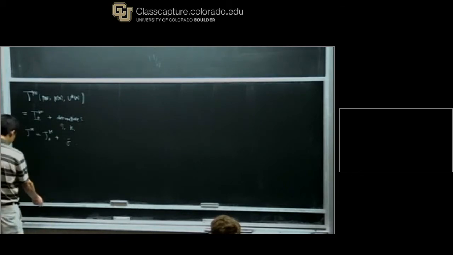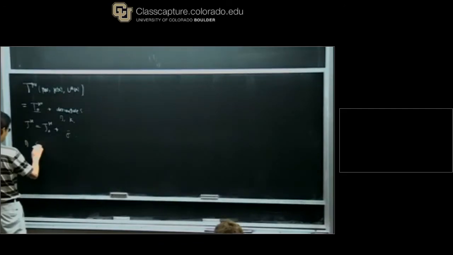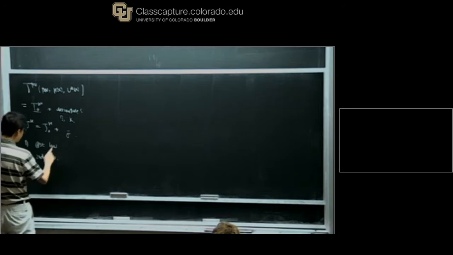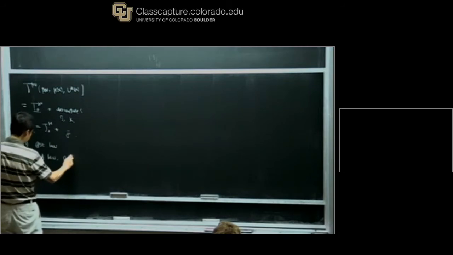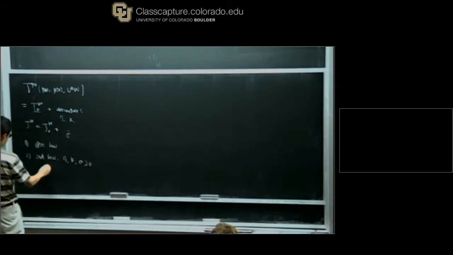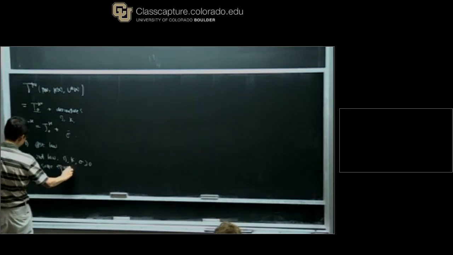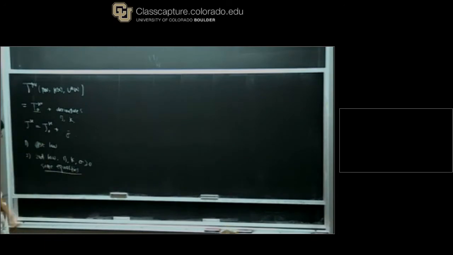The constraints are the first law, and then the second law. The second law will impose that actually eta, kappa, sigma are all greater than 0. And also there are some equalities. For example, some terms are just not allowed, and there are also some equalities among different coefficients.